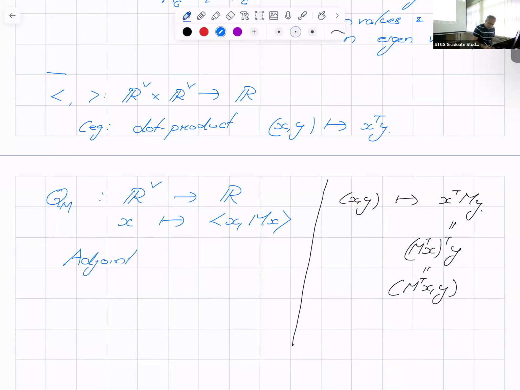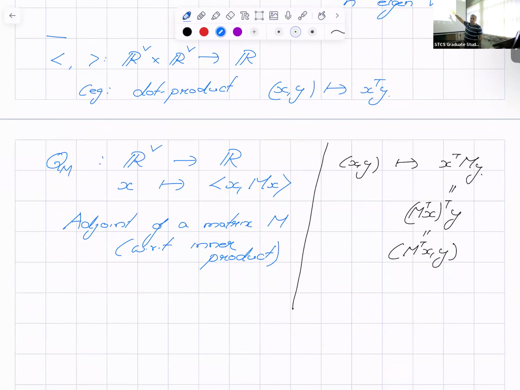The adjoint of a matrix M, with respect to some inner product, could be any inner product, not necessarily the dot product, is the matrix M star such that the inner product of x and My is the same as the inner product of M star x and y.